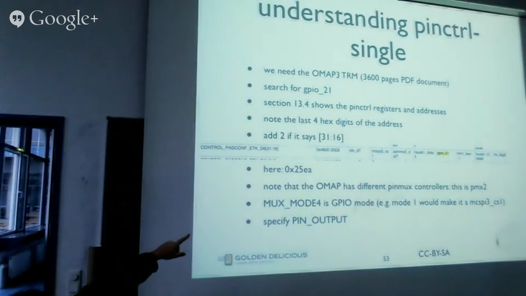So we have to remember this 0x25EA. Another thing we have to keep in mind is that OMAP has different PinMux controllers, and this is the PinMux controller number 2. And multiplex mode 4 is GPIO mode. Mode 1 would make it a SPI interface.